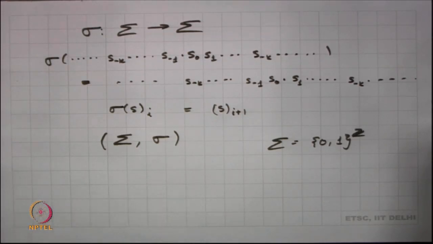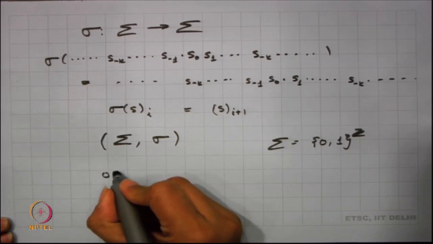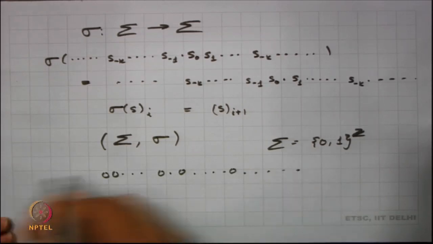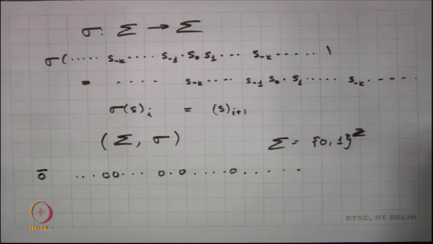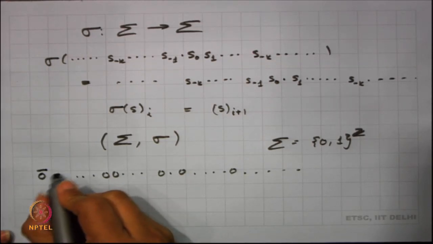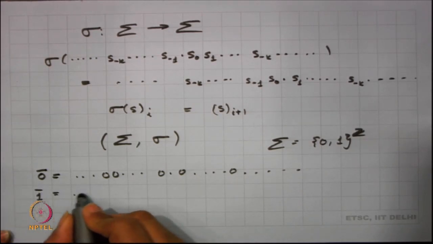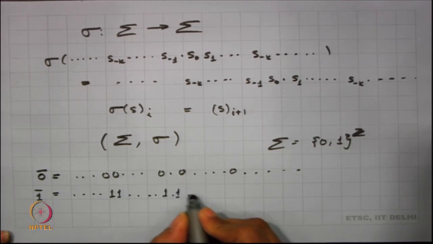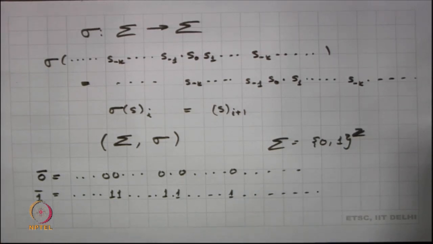One is the constant sequence 0, which we denote as 0 bar, the sequence of all constant zeros. Similarly, we have 1 bar, the sequence of all constant ones.